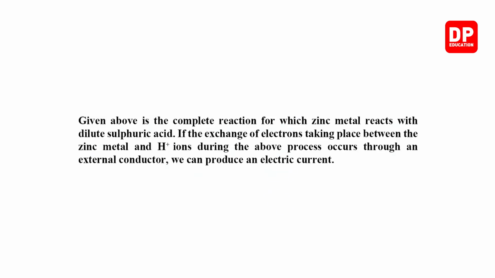Given above is the complete reaction for which zinc metal reacts with dilute sulfuric acid. If the exchange of electrons taking place between the zinc metal and H plus ions during the above process occurs through an external conductor, we can produce an electric current.